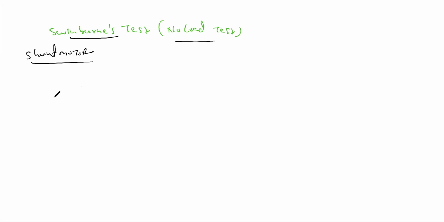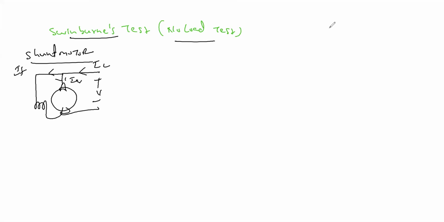So what we are doing here now in the Swinburne's test. In the supply, to the shunt motor, let it run, IF and IA.